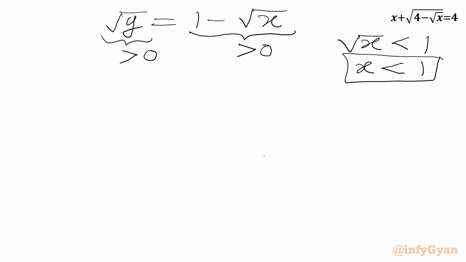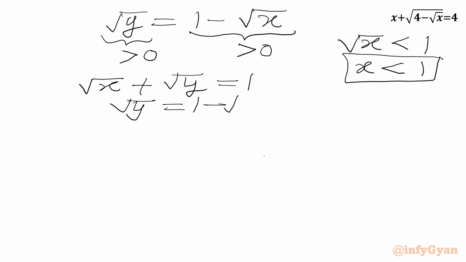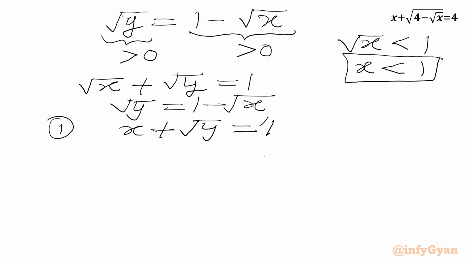Now I will write our equation once again, square root x plus square root y equal to 1. So from here square root y equal to 1 minus square root x, and our first equation is x plus square root y equal to 4. Now we will replace root y.